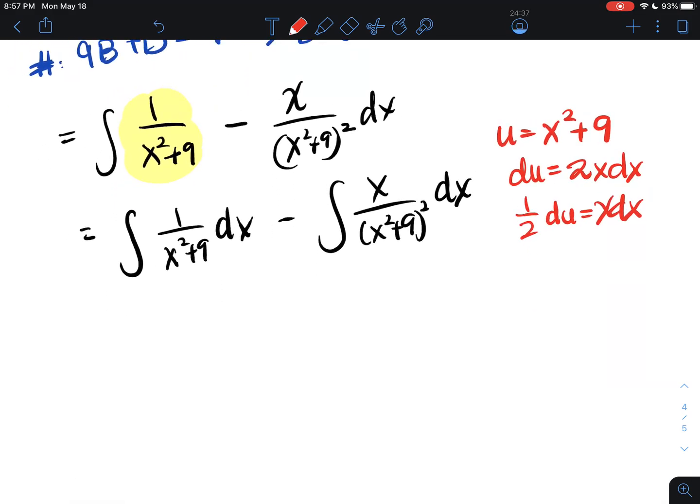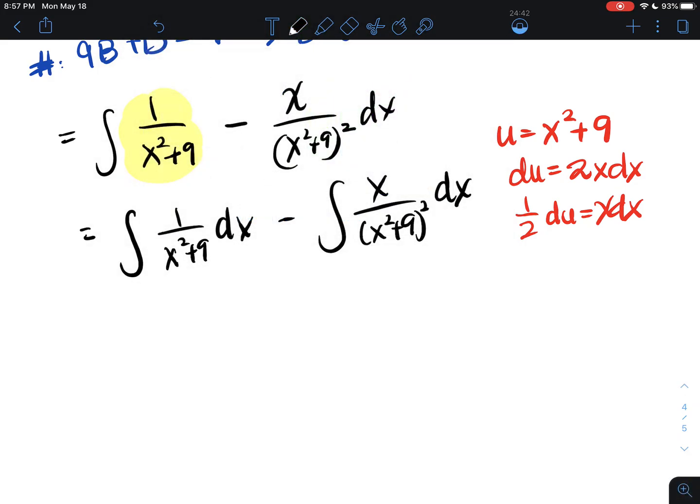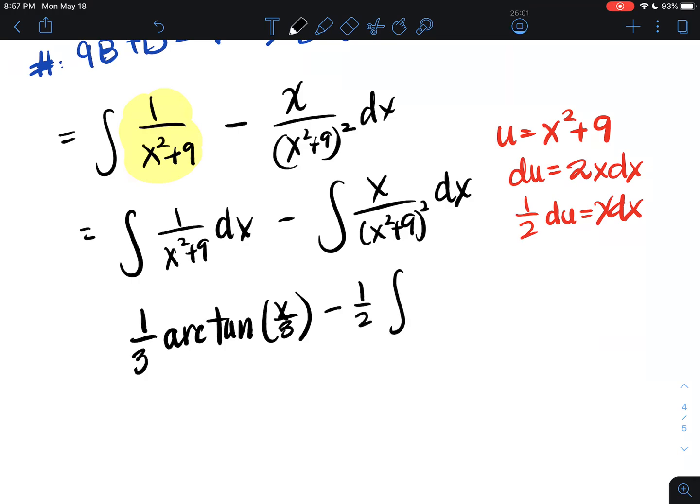Okay, so the first one, I'm gonna take the integral for arctangent. So this becomes 1/3, following the formula, 1/3 arctangent of x over 3. Okay, minus, so this is going to become 1/2 the integral of u to the -2 du.